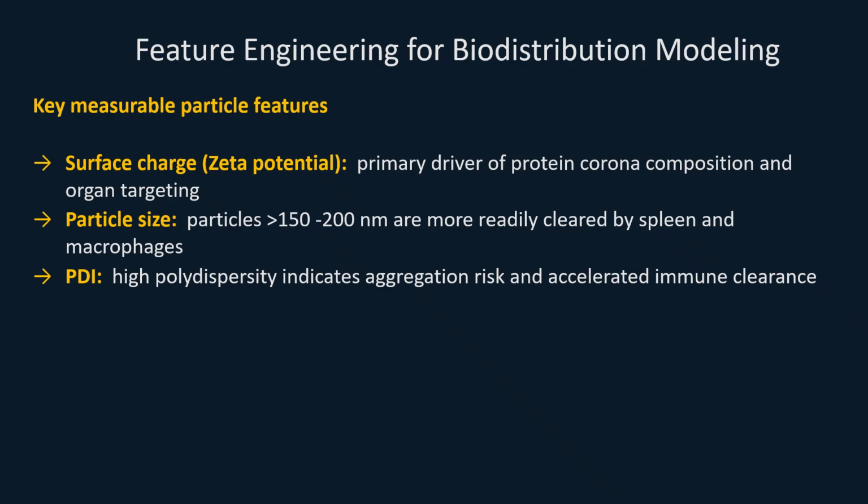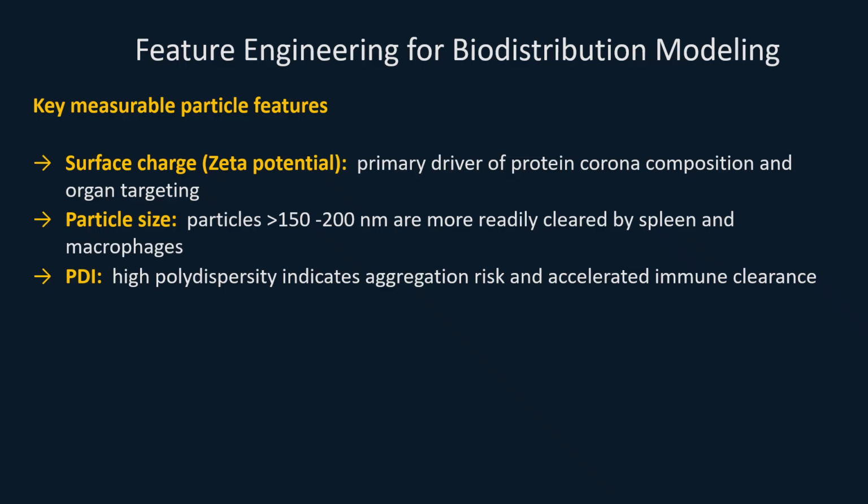Surface charge, measured as zeta potential, is the dominant driver of corona composition and therefore of organ targeting. Size matters because anything above 150 to 200 nanometers is more readily captured by the spleen and macrophages. PDI reflects population uniformity. A high PDI signals aggregation, which accelerates immune clearance.